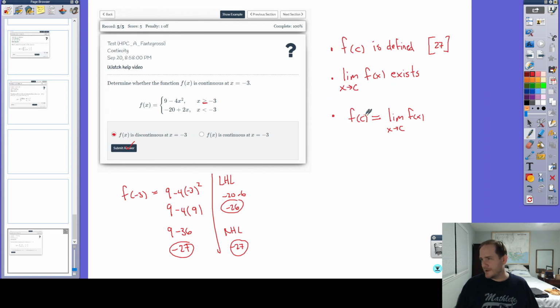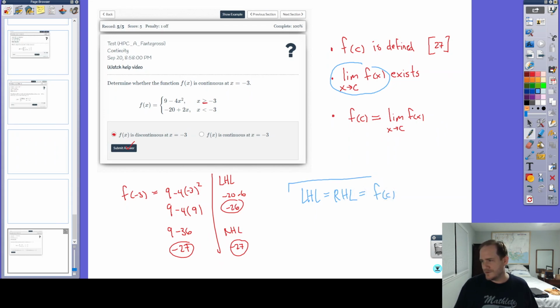Now, this is how I explained it. It's how Ms. Butler explains it, probably how Ms. Lee explains it. DeltaMath does it a little differently. They take this and they split it into the left and right hand limits having to be the same, which is smart because essentially now you can just say, here's what has to happen to be continuous. You need your left hand limit to be equal to your right hand limit, which has to be equal to the function value at c.